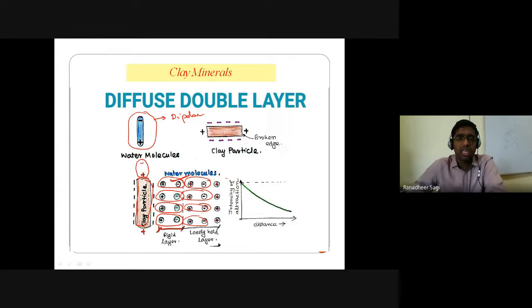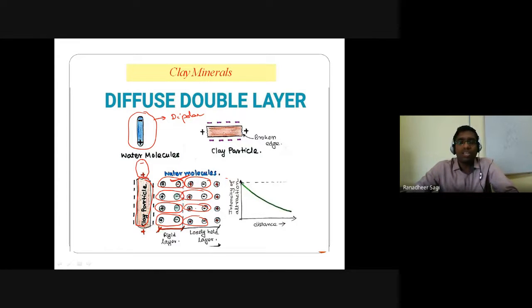In the process, you are going to see a higher concentration of water molecules moving towards your clay particle, resulting in a higher concentration of moisture around the crystalline structure of that particular clay mineral, and more water getting adsorbed by that clay particle.